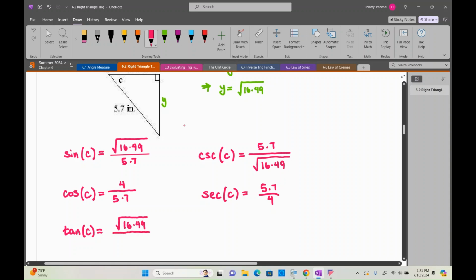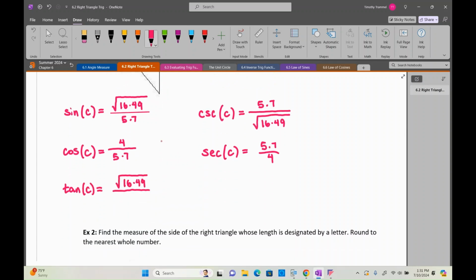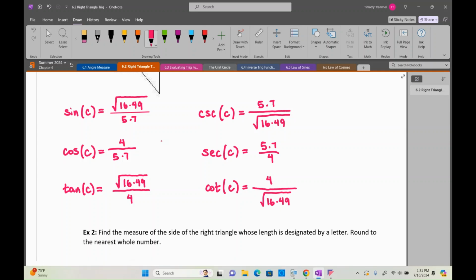So there's my opposite side. And then I want to divide by the adjacent side, which is 4. And so this also means that cotangent of the angle C then would be 4 over the square root of 16.49.